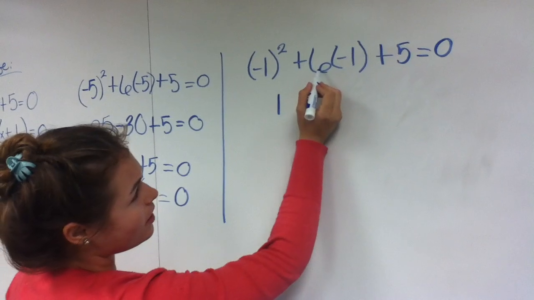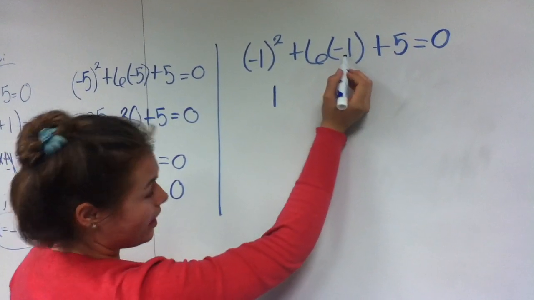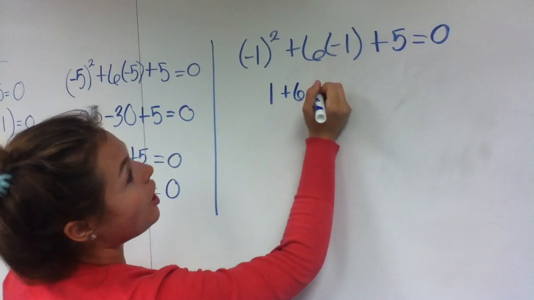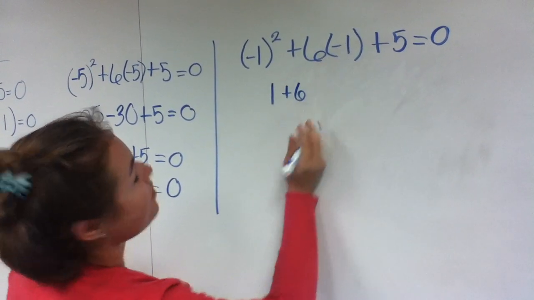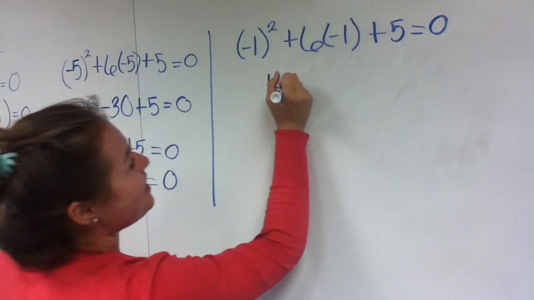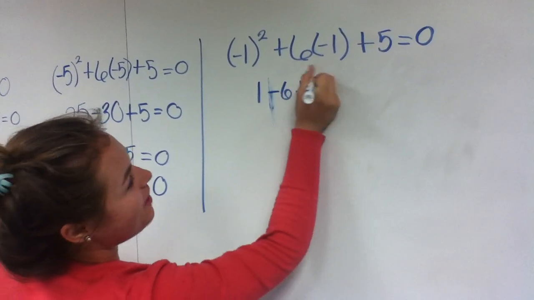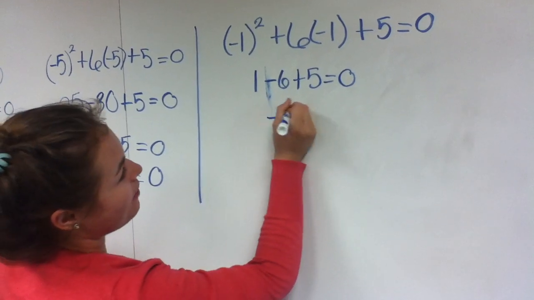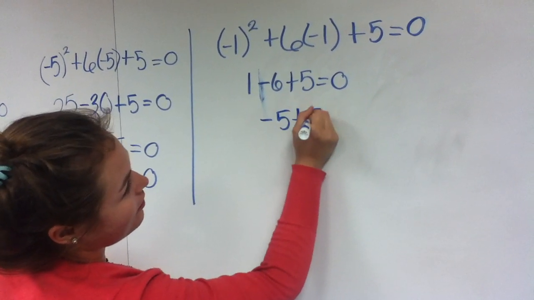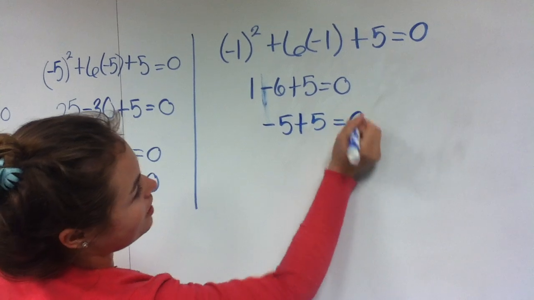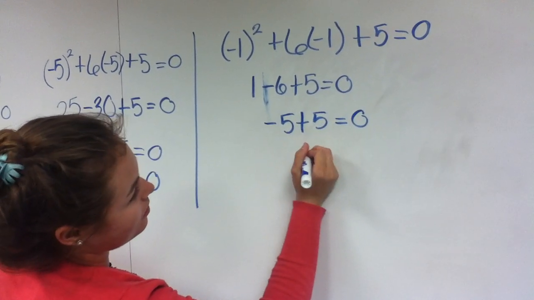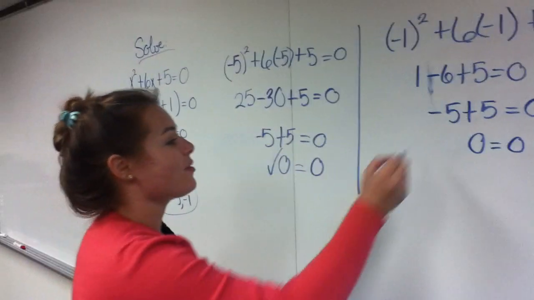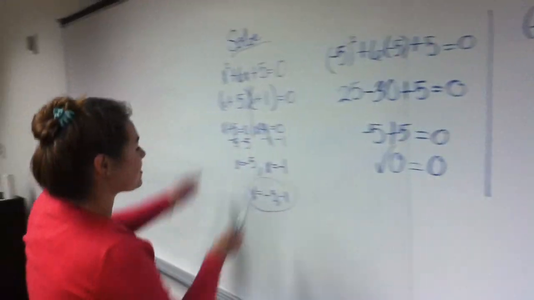And then 6 times negative 1, I'm sorry, positive times a negative equals a negative, so negative 6, and then plus 5 equals 0. So 1 minus 6 equals negative 5, and then you add 5. Negative 5 plus 5 equals 0, which equals 0. So we know that the second number checks out as well.